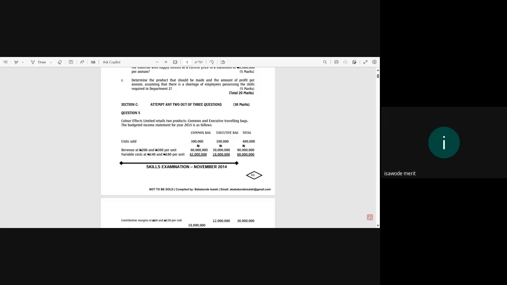The break-even point you have is in general for the whole sales. 36 million is the break-even point for both common bags and executive bags. You use the total to determine the break-even point in sales.